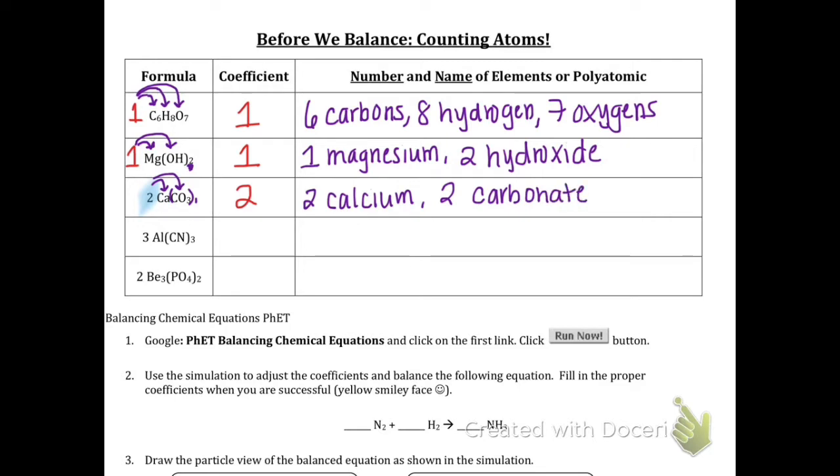Right, next, this also has a coefficient. It has a 3. So we got to know that it transfers to this and to this polyatomic. So we have a total of 3 aluminums.